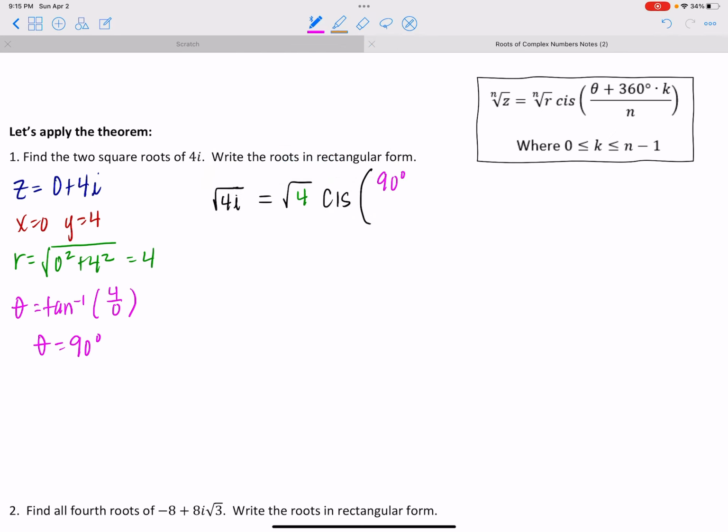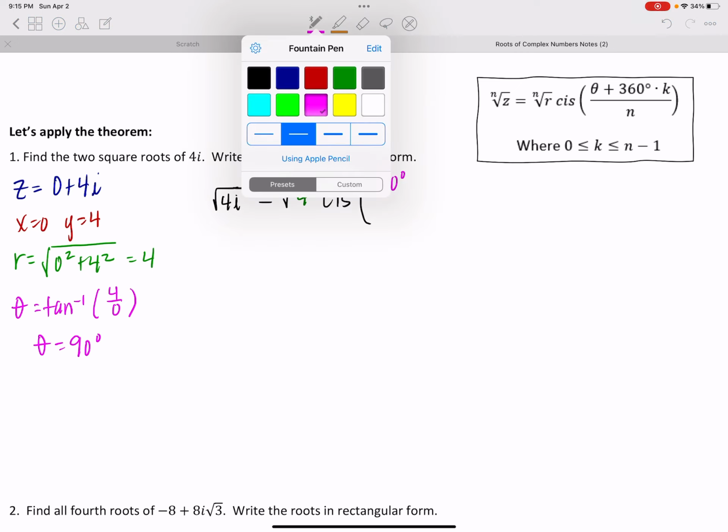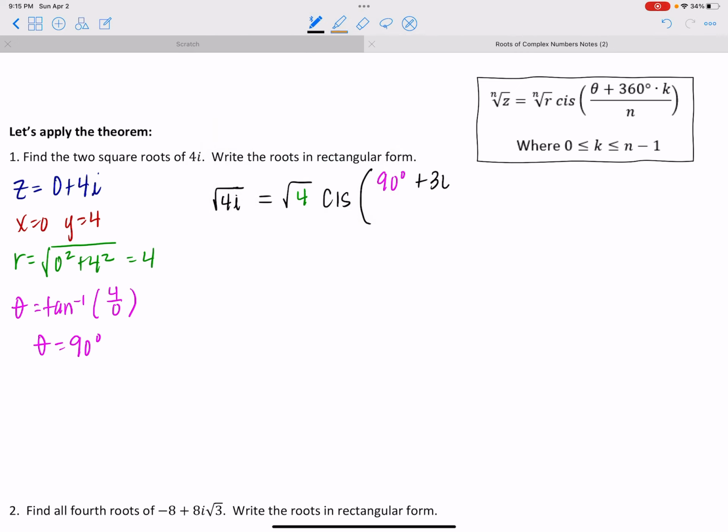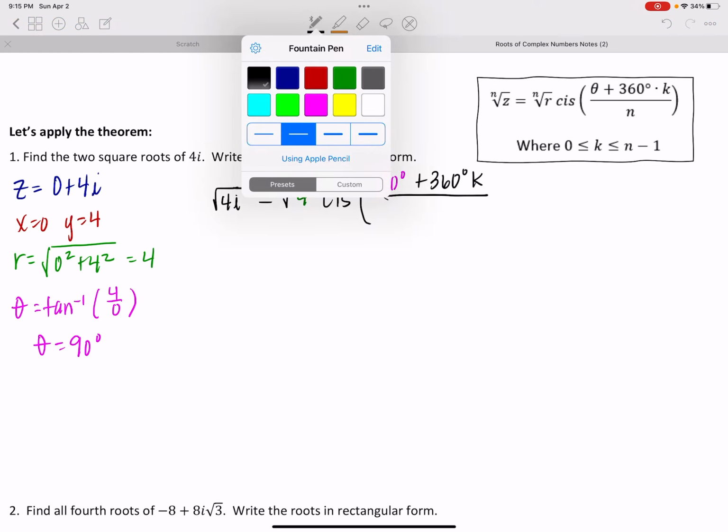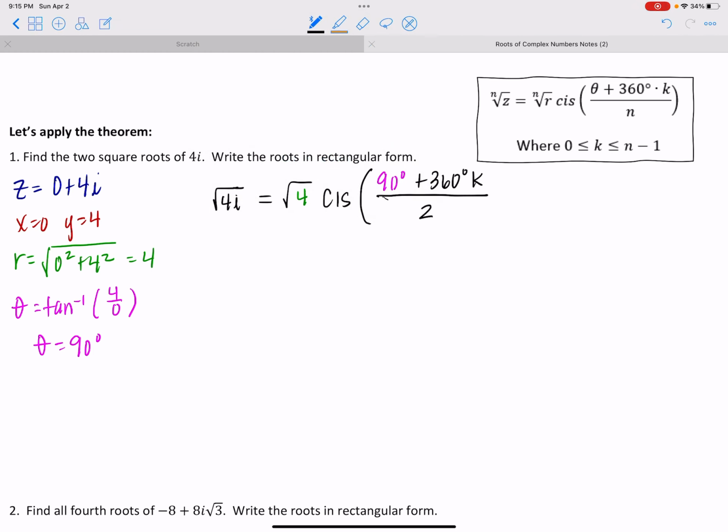But remember, that's just one way to classify that angle. I can keep adding 360 any number of times to land at the same place. So now to that I want to add on 360 degrees k times, and then that's going to end up being divided by n. And n is going to be 2 because it's a square root.